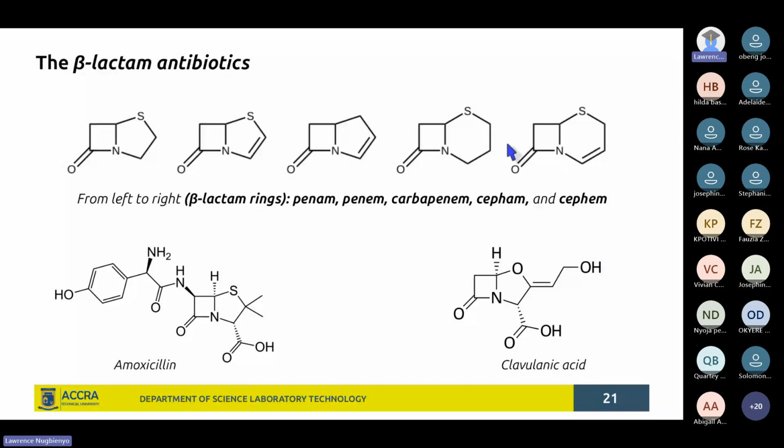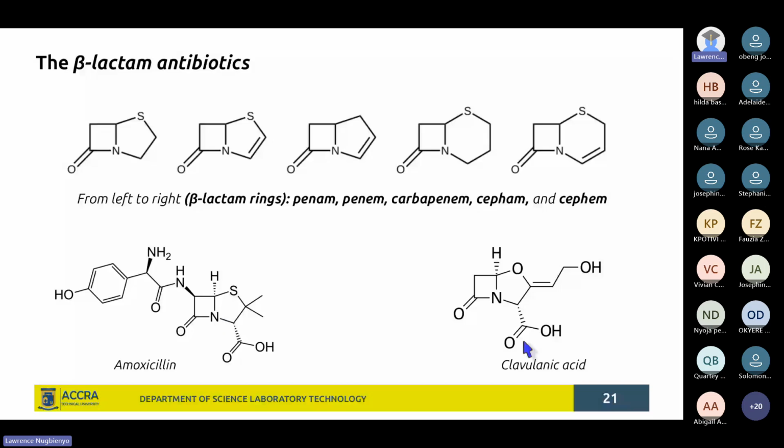And on the Ghanaian market, we have amoxicillin as one of the common antibiotics with a beta-lactam ring. So you see, the beta-lactam ring is there. That's amoxicillin. And you also have a common combination of this with clavulanic acid. So you see clavulanic acid there, what you call amoxiclav.